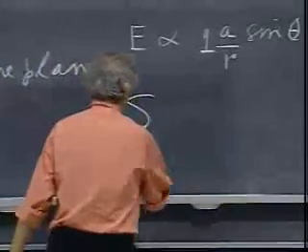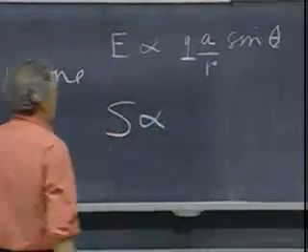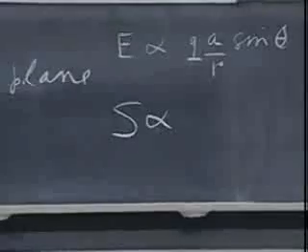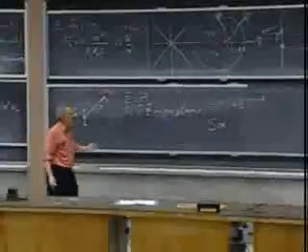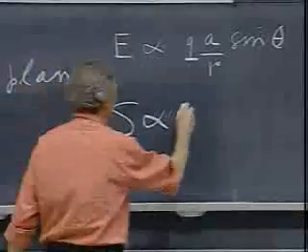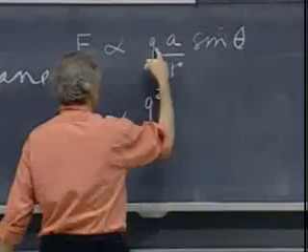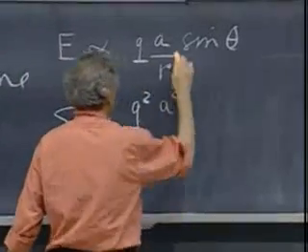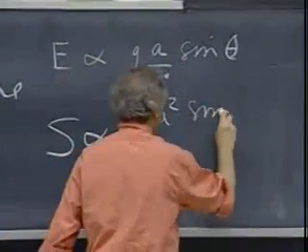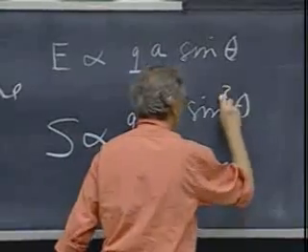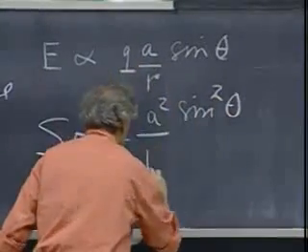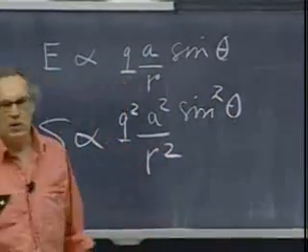And the Poynting vector, which is the product of E and B, but E is always proportional to B. So the Poynting vector is proportional to Q squared, proportional to A squared, proportional to the sine squared of theta, and inversely proportional to r squared.